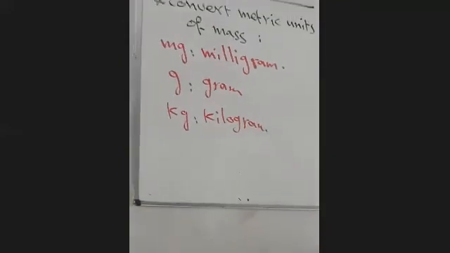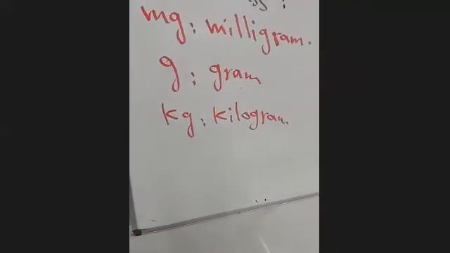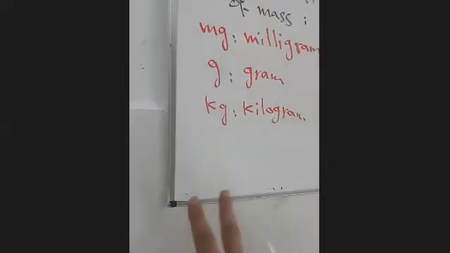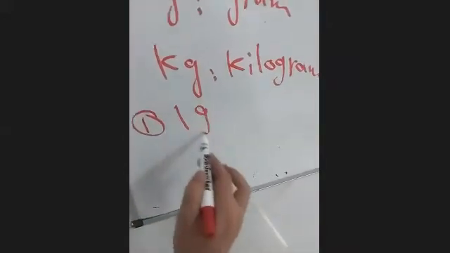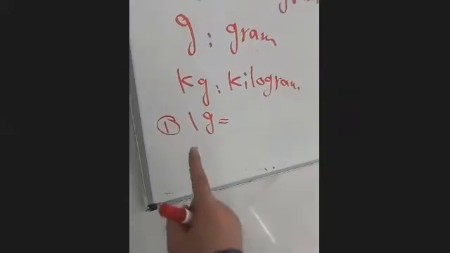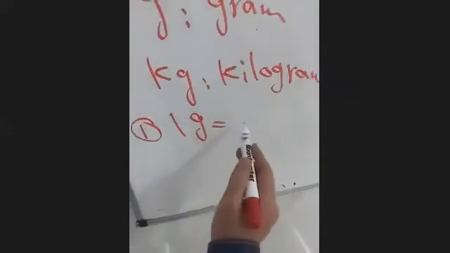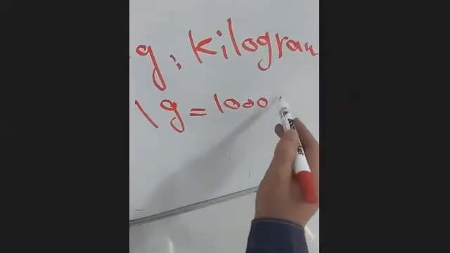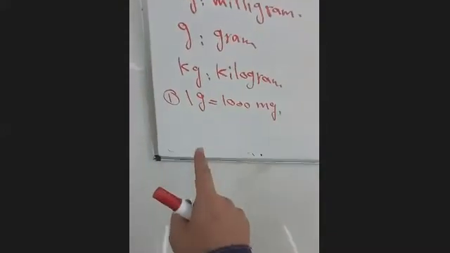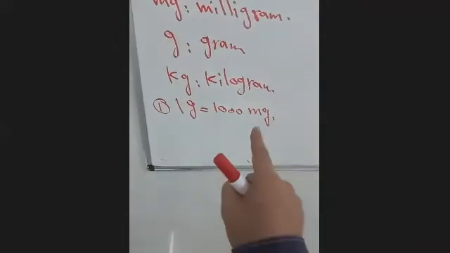Now we have two relationships between these units, guys. The first one you need to know is each 1 gram equals 1,000 milligram.